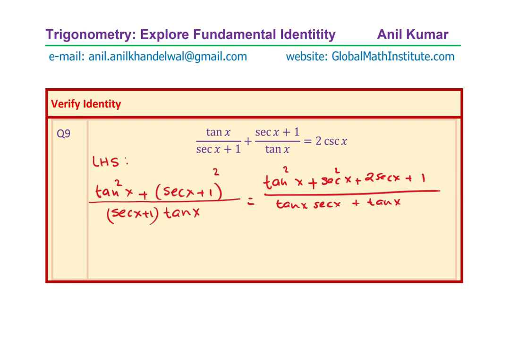Now since the result is 2 cosecant x, it's a good idea to write all these terms in terms of sine and cosine. You get the idea, right? So you could simplify it a lot and then use sine and cosine. Or find the approach which we are going to use here.